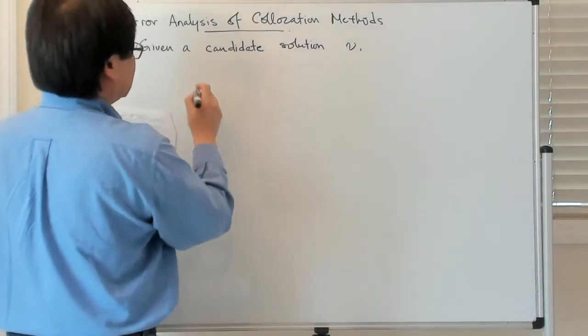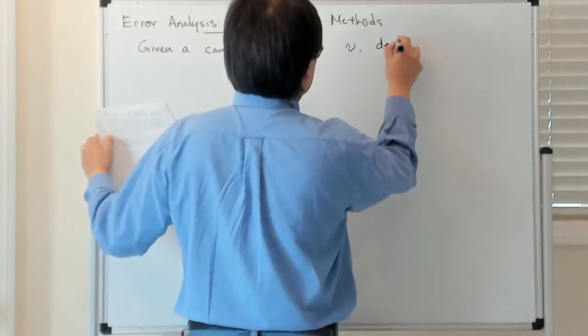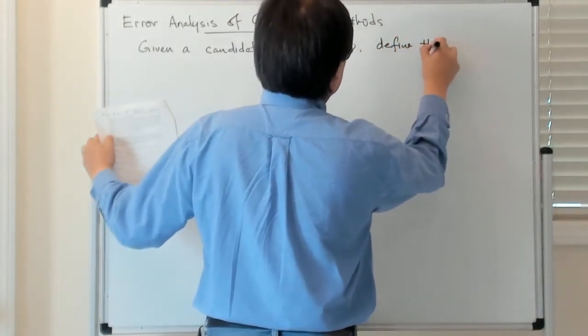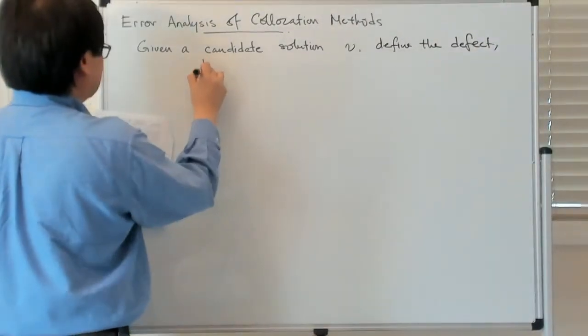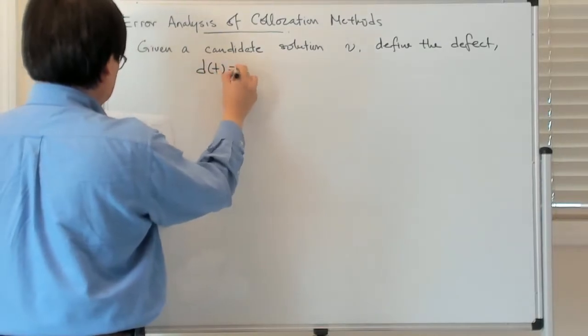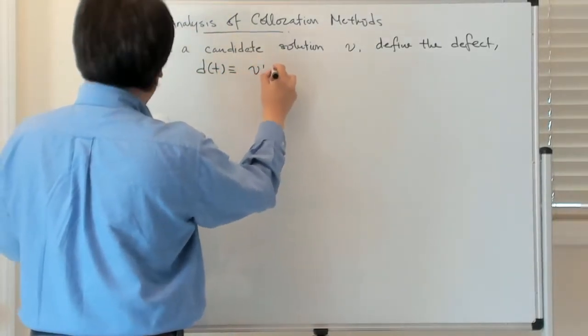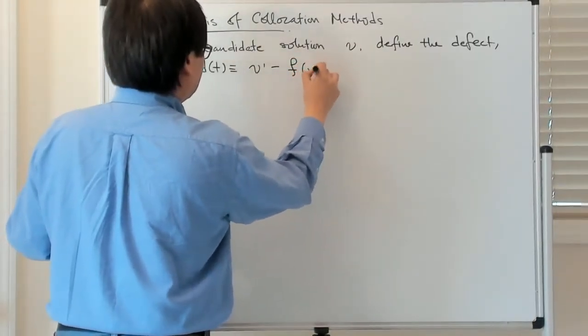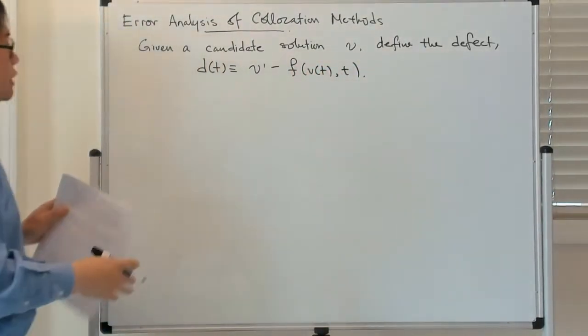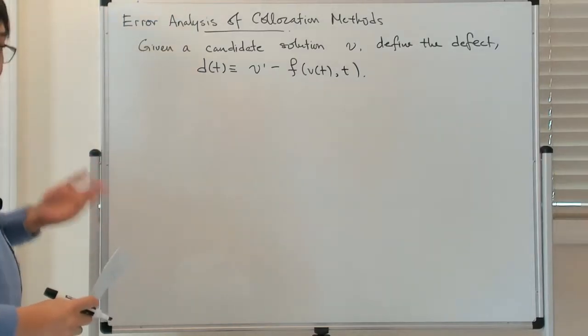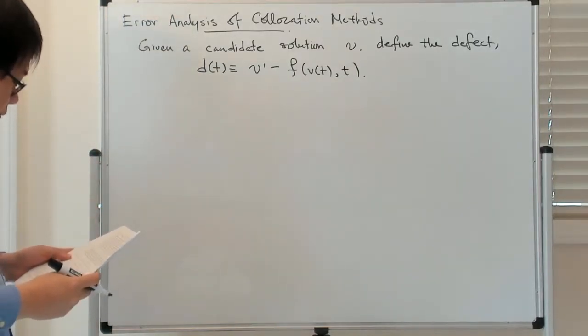So we define the defect d of t, which is just defined to be v prime minus f of v of t comma t. This is the extent to which v satisfies the defining differential equation.